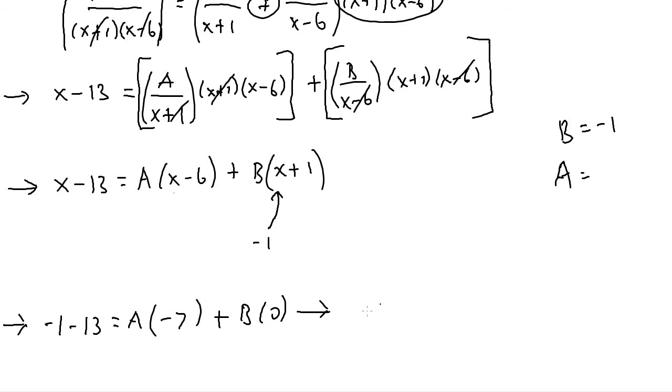Negative 1 minus 13 is negative 14, equals negative 7a, plus b times 0, and that just cancels. So now that I've isolated a, a equals negative 14 over negative 7, which is 2. So I can write that up there.